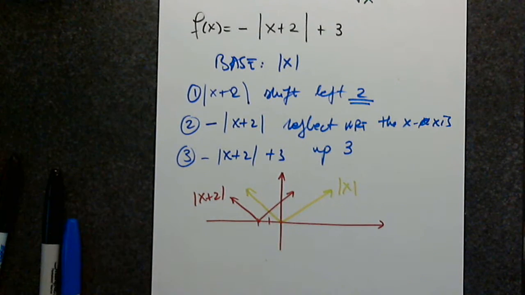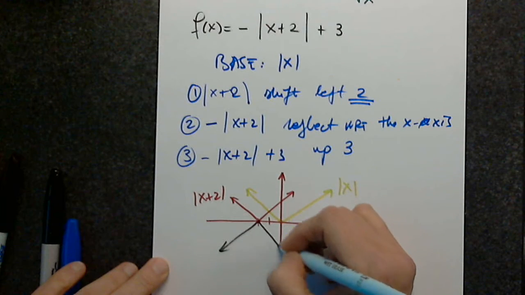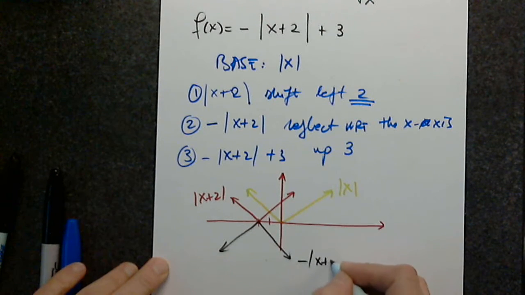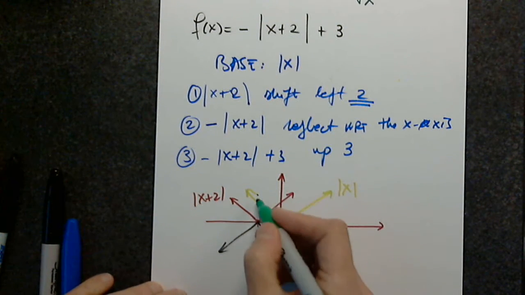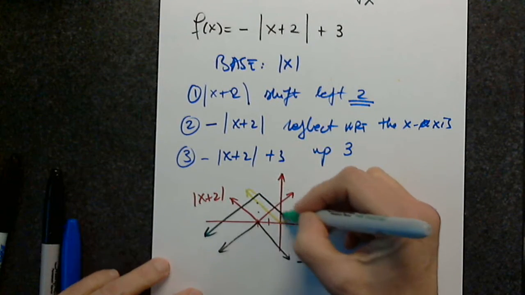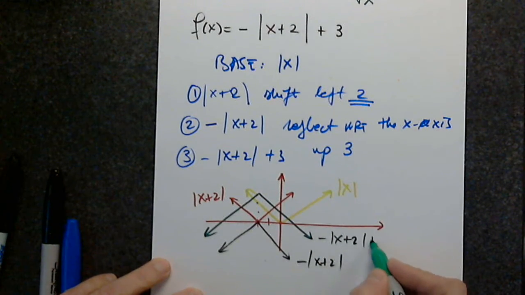Then you told me to reflect with respect to the x-axis. And then you told me to shift this up 3. 1, 2, 3. This is the last graph, negative the absolute value of x plus 2, plus 3.